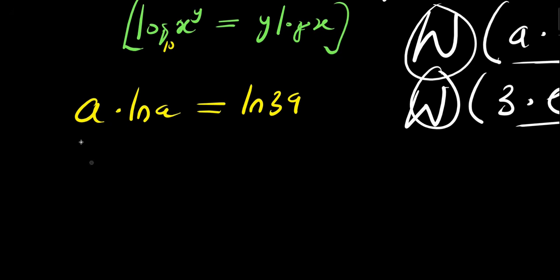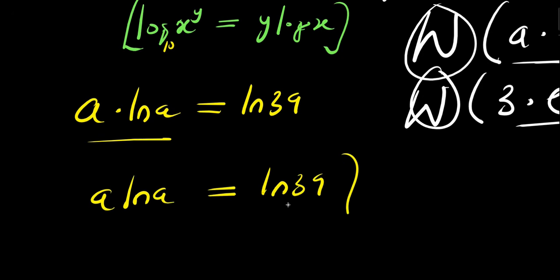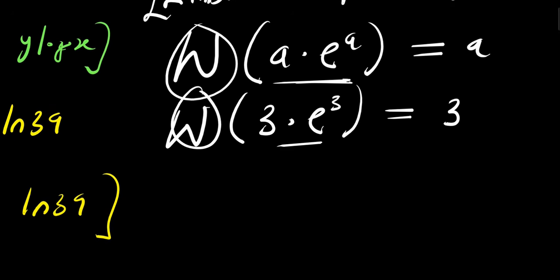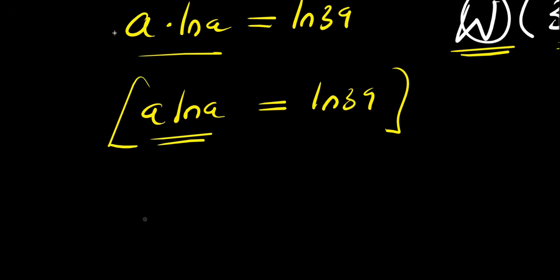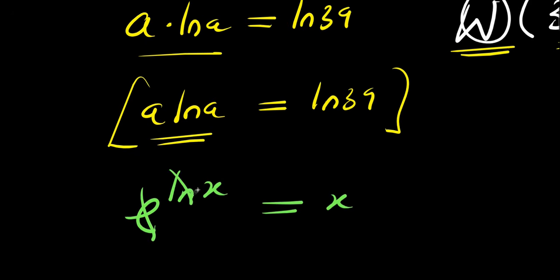So right now, if you multiply this out, you have a times natural log of a equals natural log of 39. Now, this left-hand side is yet to appear in this way, and this is how we want it so that we can apply the Lambert W function. What do we do? Now, let's consider this identity. If you have e power ln of x, this will definitely give you x because the e raised to the power of ln is 1.